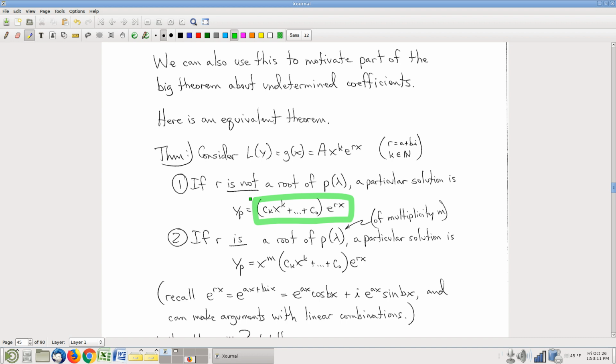We then also asserted, with no intuition whatsoever, that in the case that r from the right-hand side is a root of your characteristic polynomial of multiplicity m, we multiply the naive guess by x to the m.